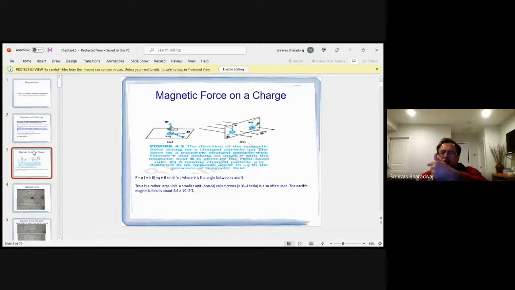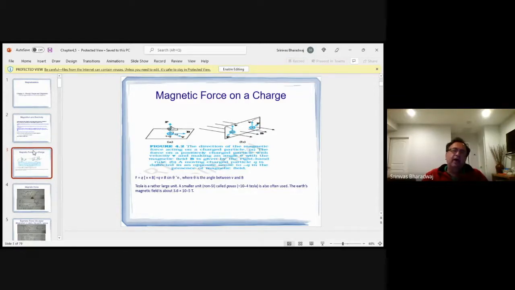What is the direction of the force, Q V cross B? The force will be perpendicular to the plane of V and B. So if V and B are perpendicular to each other, it will be in the third direction. If V and B are at an angle, it will still be perpendicular to V. That's the important point.